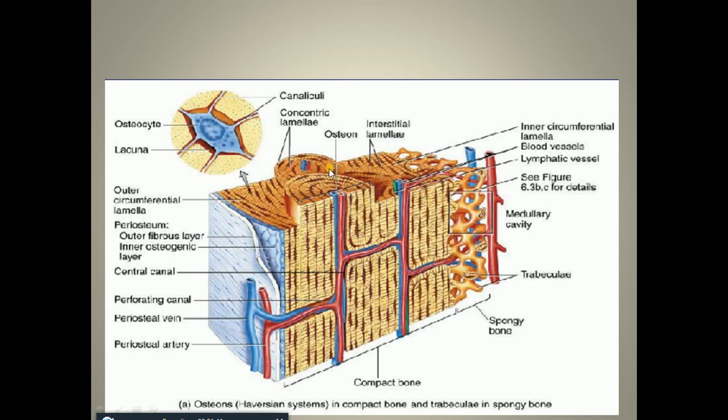It is cut over here, but these are the concentric lamellae which will surround one Haversian canal. The one Haversian canal, together with its osteocytes and the concentric lamellae, form a Haversian canal system or an osteon.